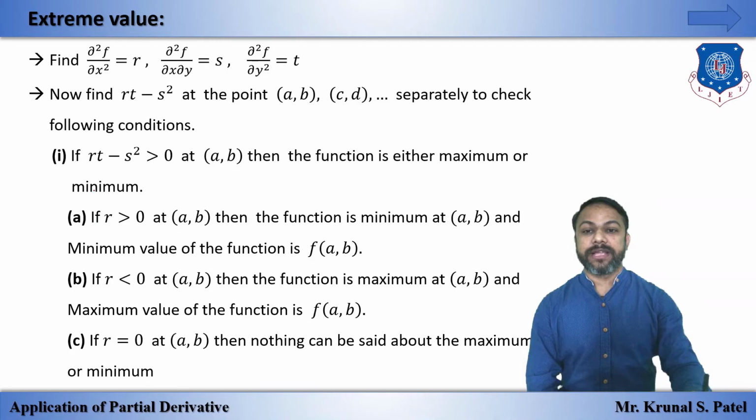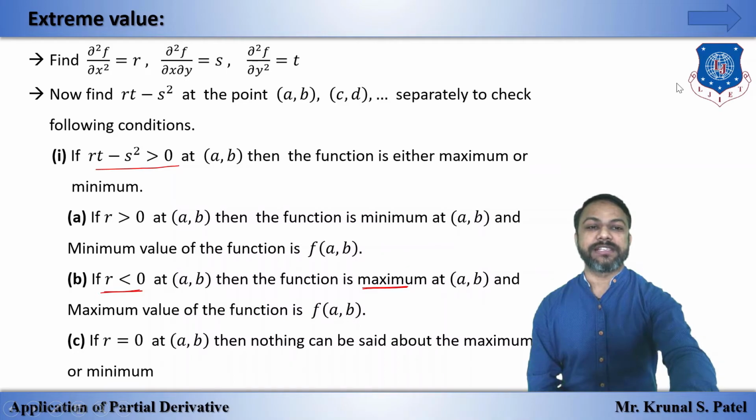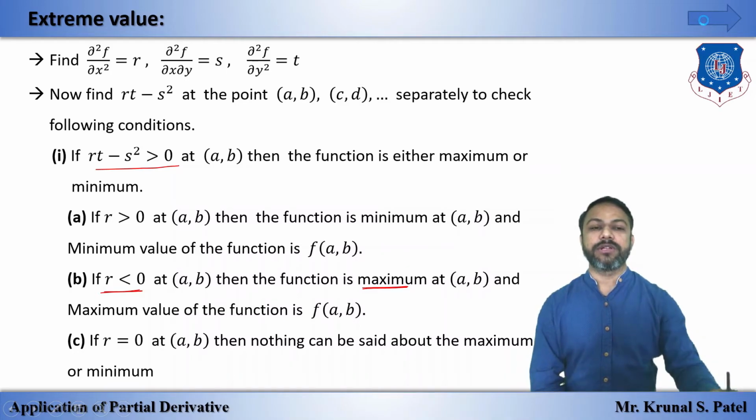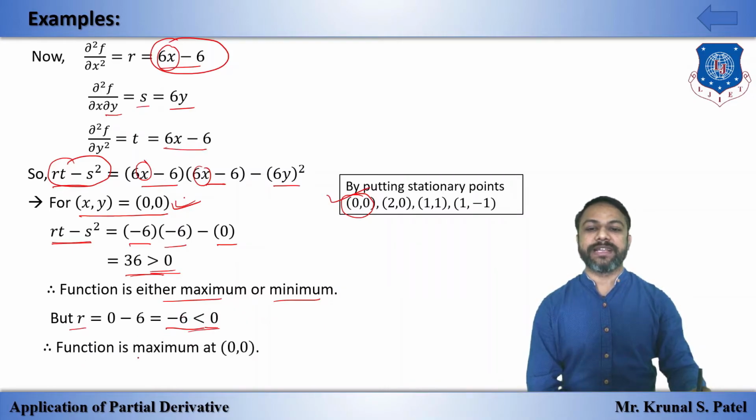As we have seen, if rt minus s square is greater than 0 and r is less than 0, then the function is maximum. So these are our steps. You have to just check. So r is less than 0, so we can say that the function is maximum at the point (0, 0).